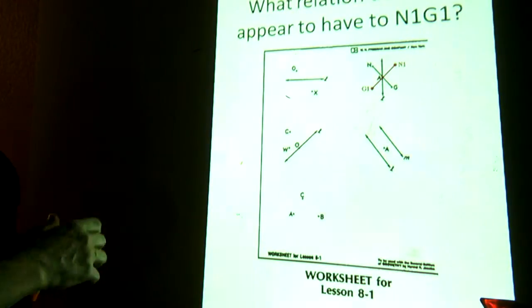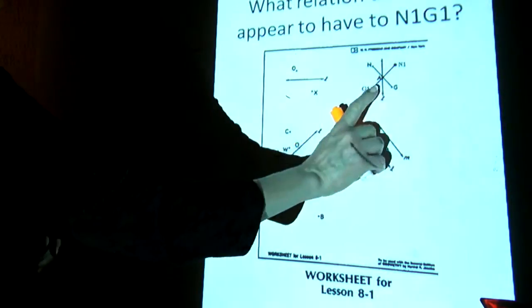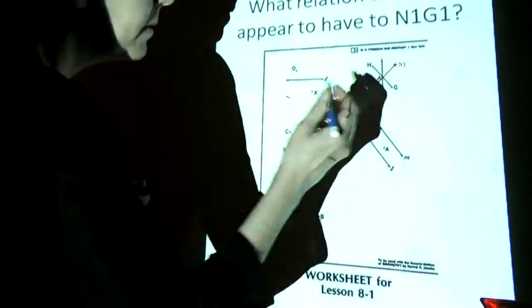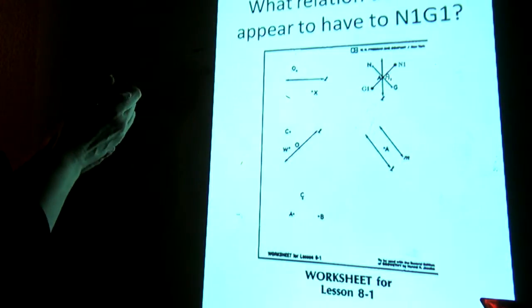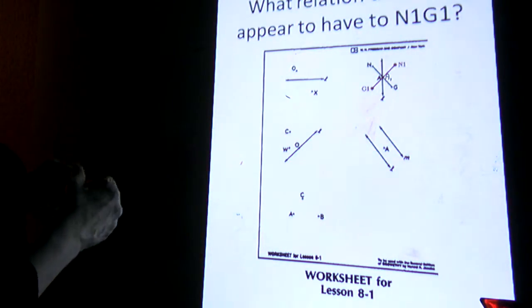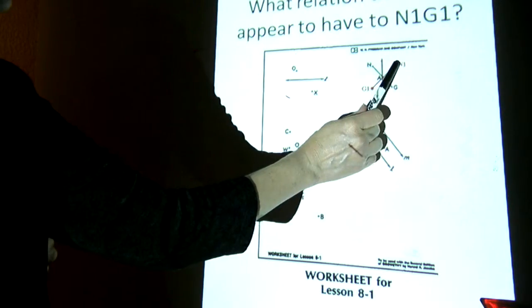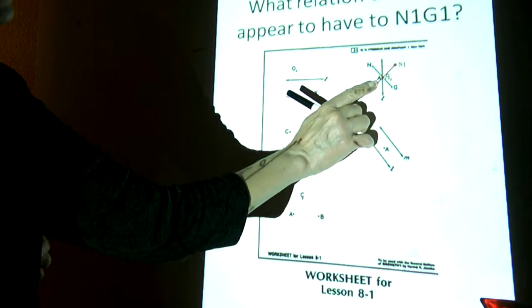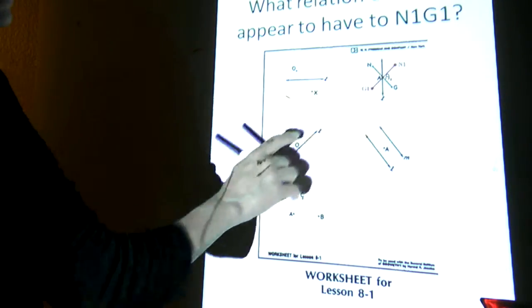Then it asks, what relation does A1, that would be like right here, appear to have to N1, G1? What relation does A1 appear to have with this line segment?